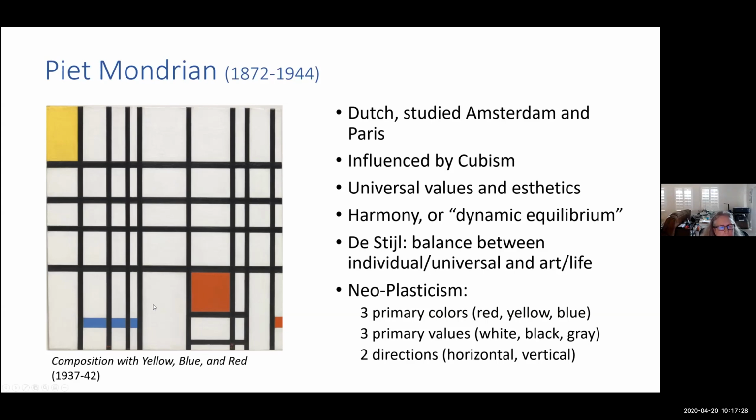And an interesting thing about this, you might assume, looking at this, that he's painted a white background and then painted the black lines and the colors over it. No, this is not what he has done. He has painted the black lines, and then the white is actually infilled in the same way that the colors are, the red and the blue and the yellow.